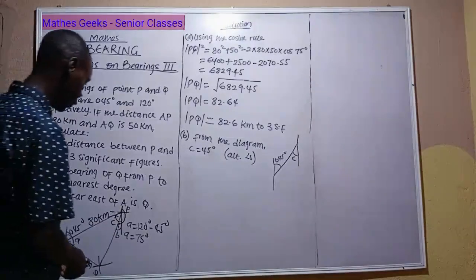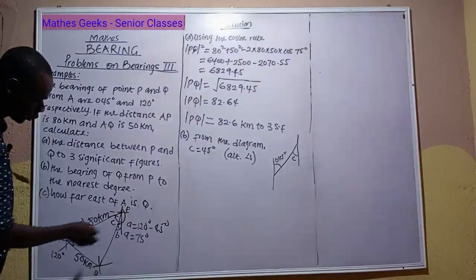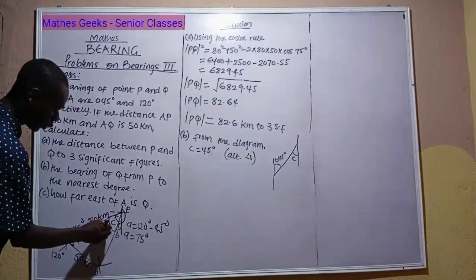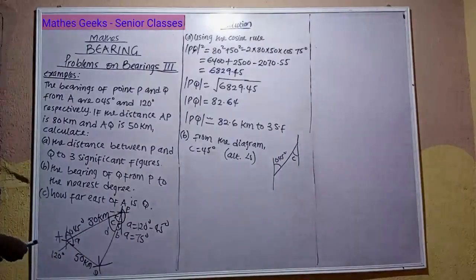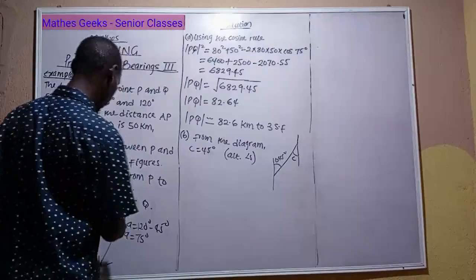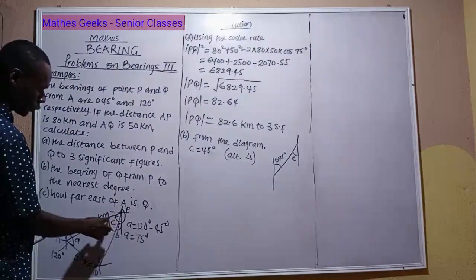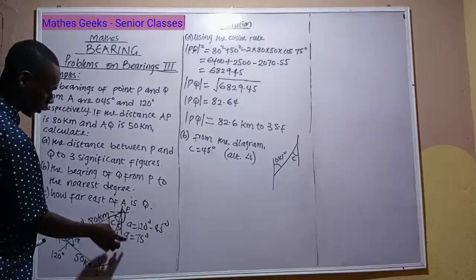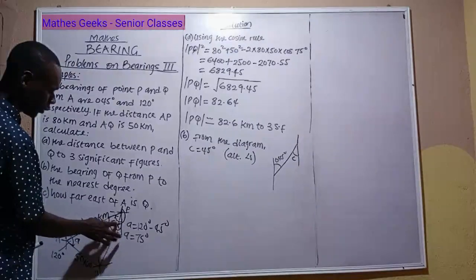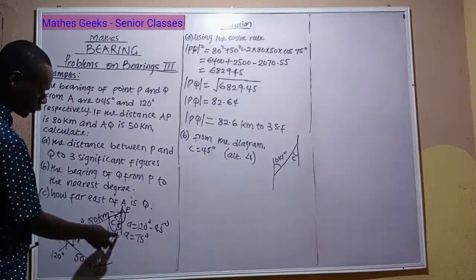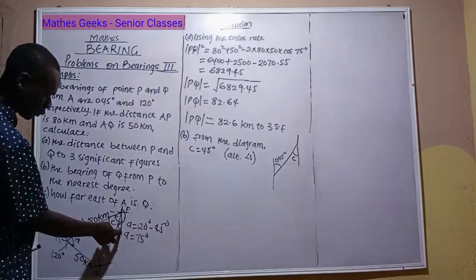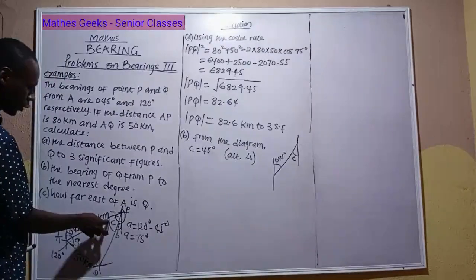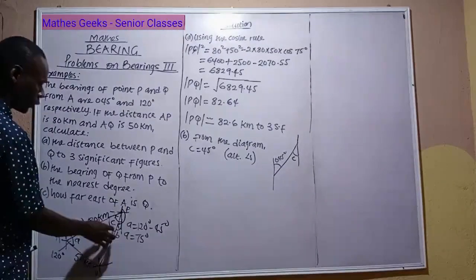We still need something to get the value of B. Let's get this angle and call it D. Once we get angle D, we can subtract it from C to get B, because C is the sum of D plus B. The sum of B and D gives us C.